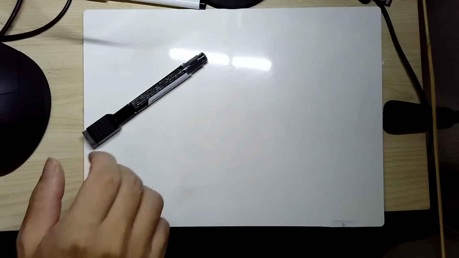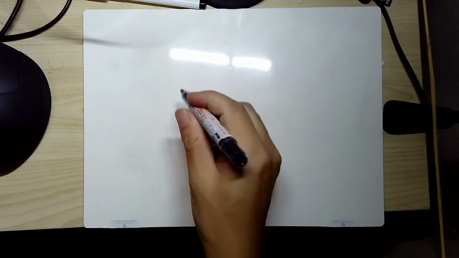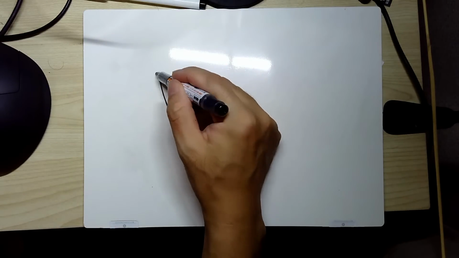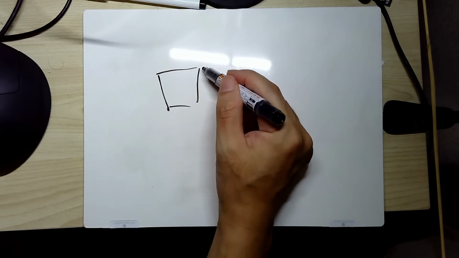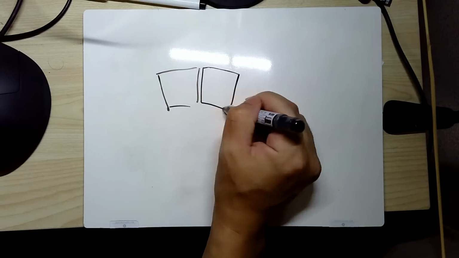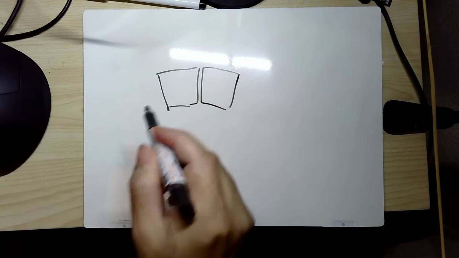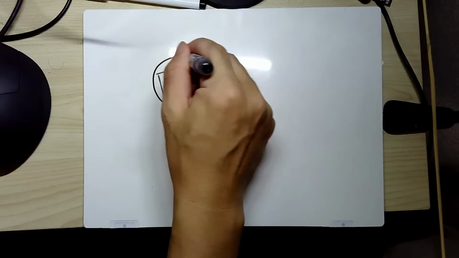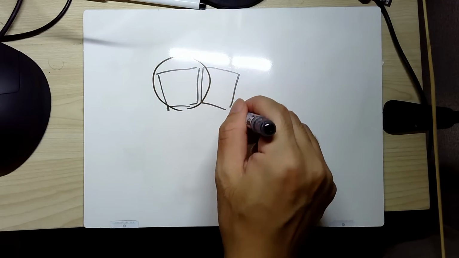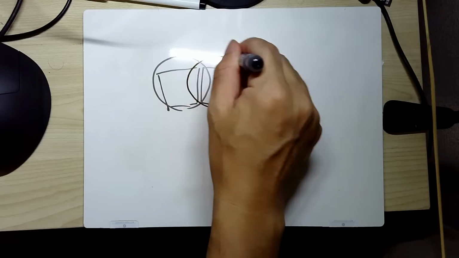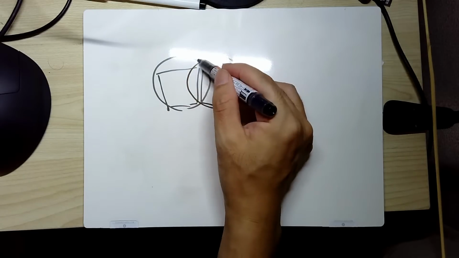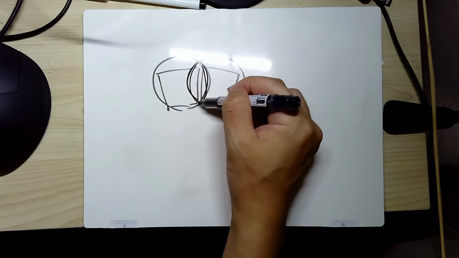Might be hard to explain, so let me sketch. If you're looking from the side view, say you have two cells. If you inflate one like this, and if you inflate the other one like this, you have an intersected wall like here.